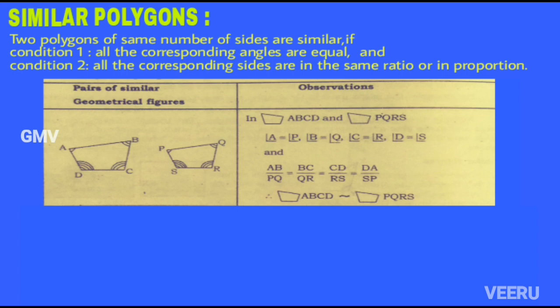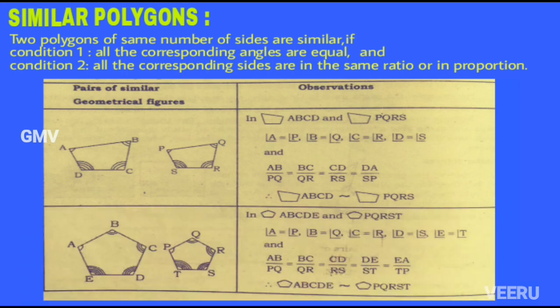It means all the corresponding angles are equal and all the corresponding sides are in the same ratio. Hence, the quadrilateral ABCD is similar to the quadrilateral PQRS. Similarly, in pentagon ABCDE and pentagon PQRST, all the corresponding angles are equal and also all the corresponding sides are in the same ratio. Hence, those are also similar.